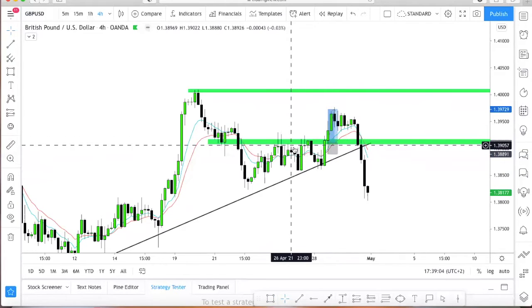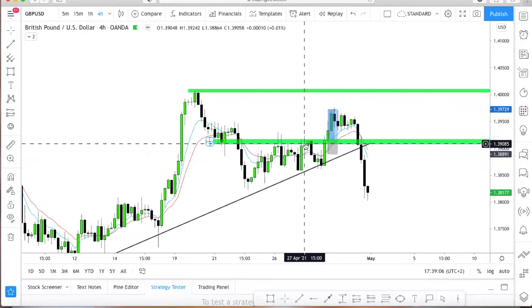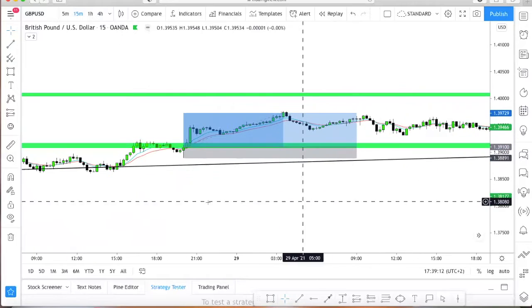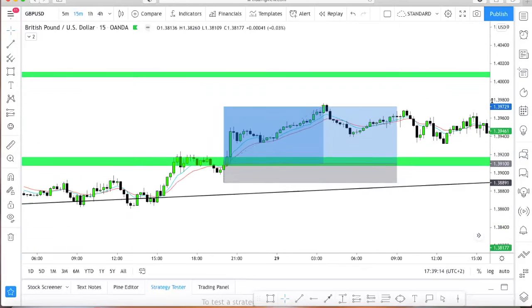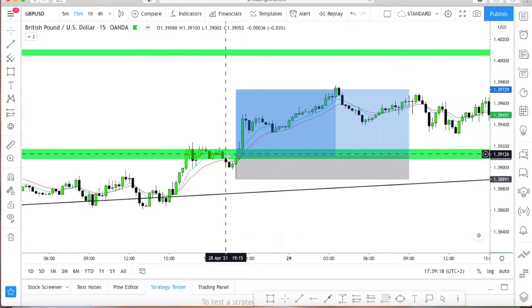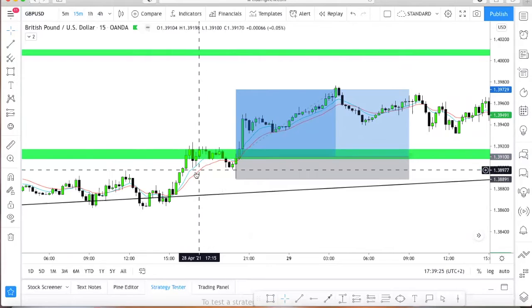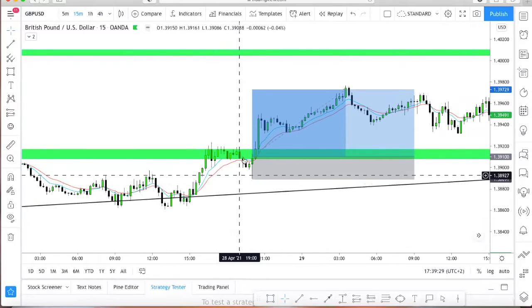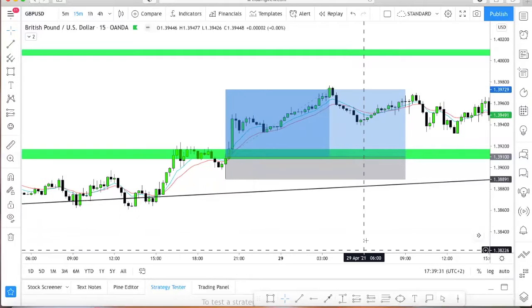But we did break this level over here, and on our lower time frames we did get an entry going up. Now I know I entered at seemingly the wrong time because this level was not yet broken, but because of the structure that I got on both the 4 hour and the 1 hour, the confluence was enough.